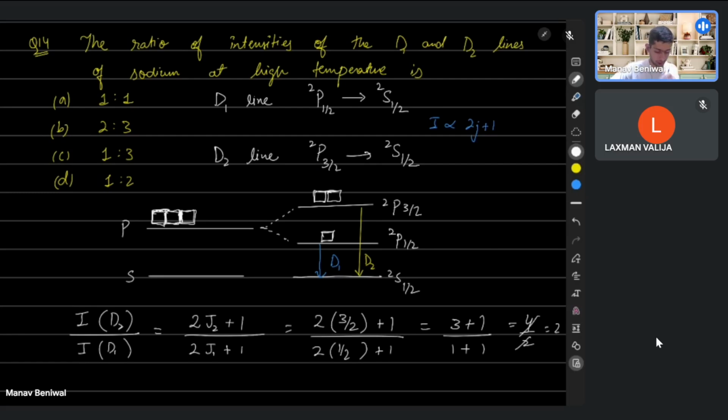So the correct answer will be option D, that the D1 to D2 ratio will be 1 is to 2. So the D2 line which we will observe will be 2 times brighter than the D1 line.